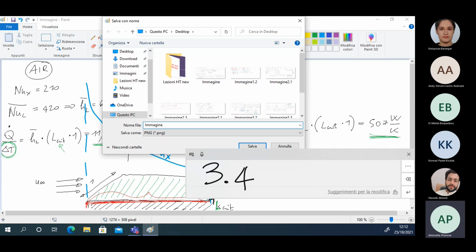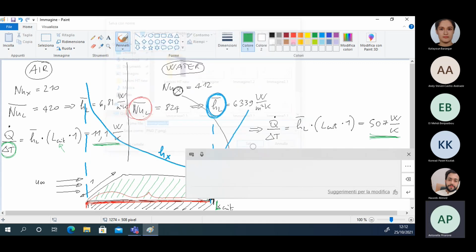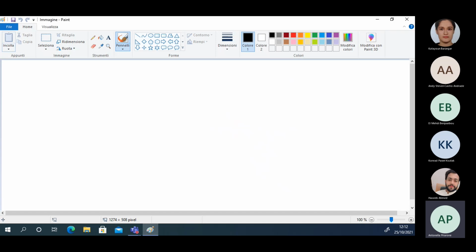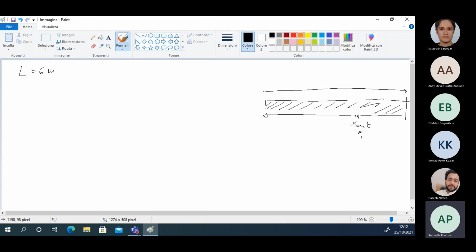And now we go on analyzing this example by considering a different length of the plate. So I want to consider a plate with 6 meters length. That means that I will have a portion of my plate from the beginning up to X critical, that is different, obviously, depending on the fluid, and then another portion up to the total length of 6 meters.